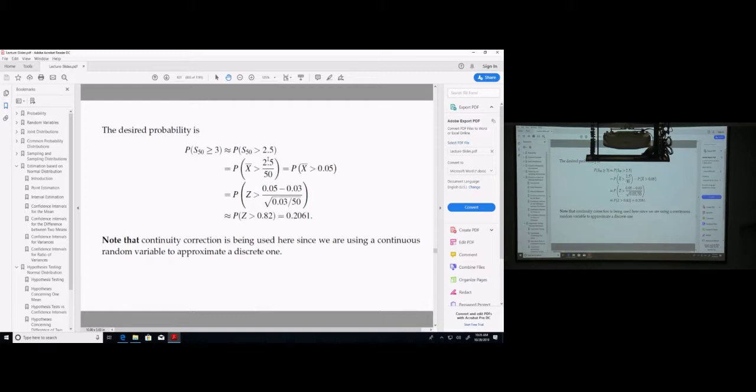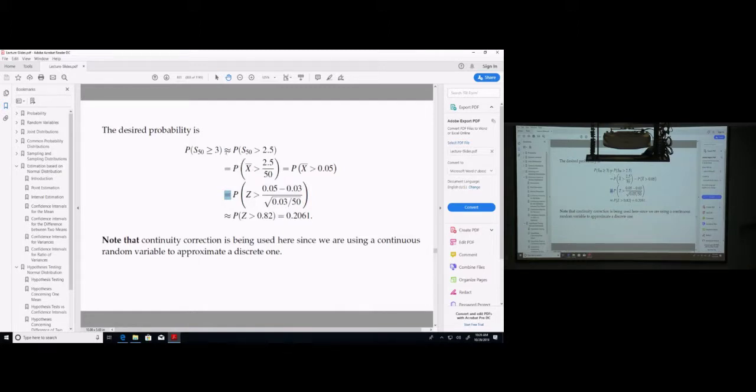Now here we are just dividing everything by 50, and so we basically simplify my right-hand side. And here I'm doing the standardization. And if you take Z to be the standard normal, the approximation sign should come here. So let me repeat.